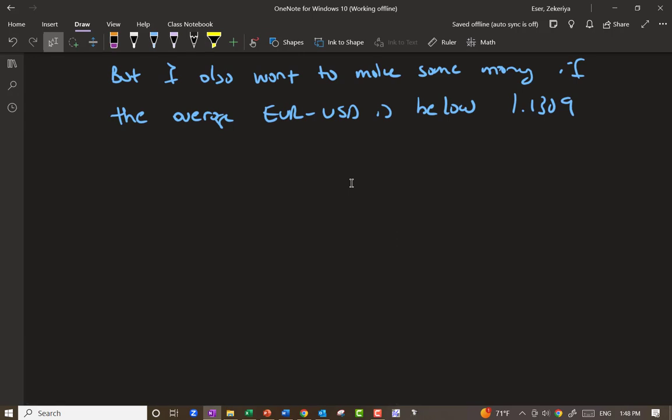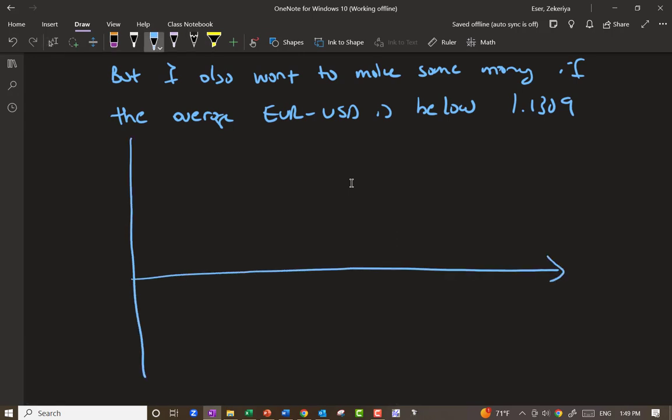Well, basically, I want a payoff structure, something like this. This is euro dollar. Let me use a different color.